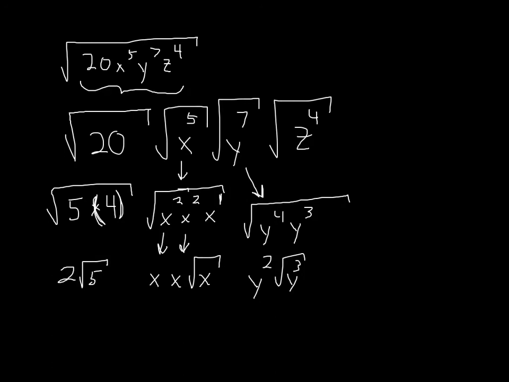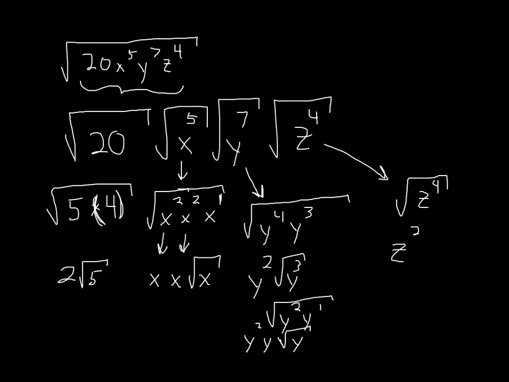I can simplify that a little bit more to be y squared times y to the 1. So this is going to give me y squared times the square root of y squared is going to be y times the square root of y. And then we have our z, the square root of z to the 4th, is going to be simply z squared.